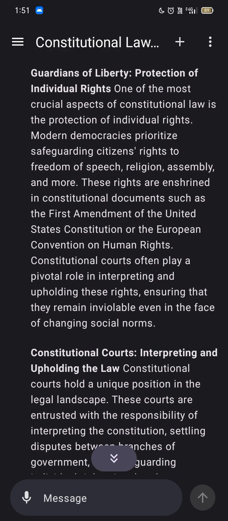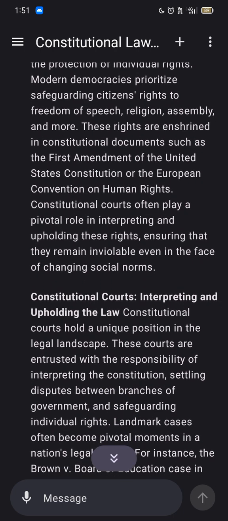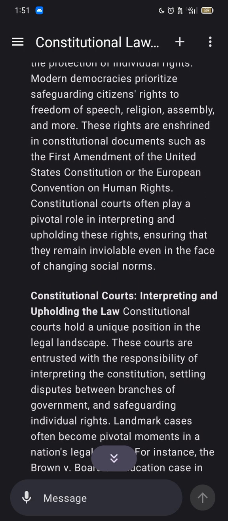Protection of individual rights. One of the most crucial aspects of constitutional law is the protection of individual rights. Modern democracies prioritize safeguarding citizen rights to the freedom of speech, religion, assembly, and more.